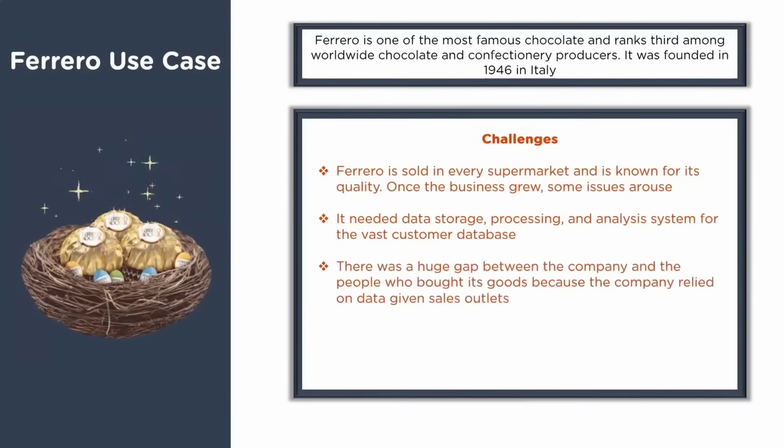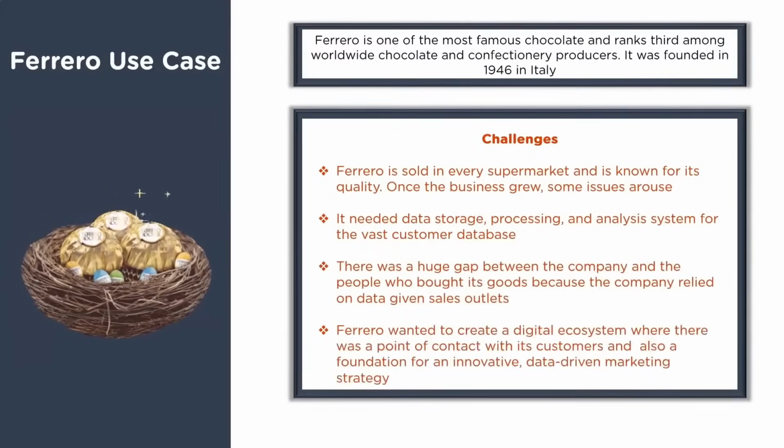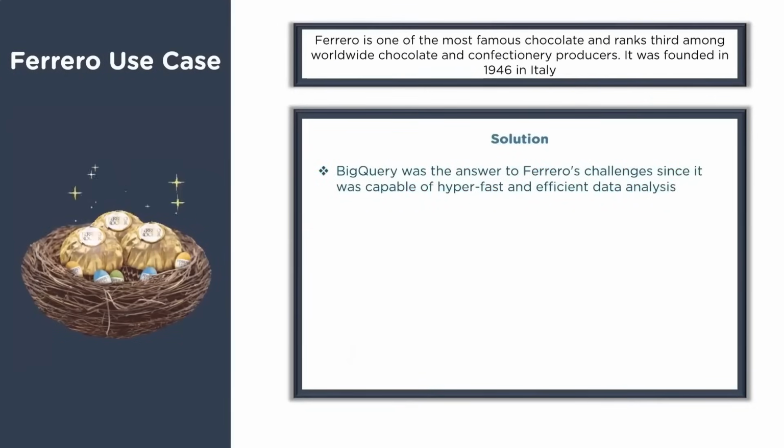There was a huge gap between the company and the people who bought its goods because the company relied on data given by sales outlets. That's one of the challenges. Ferrero wanted to create a digital ecosystem where there was a point of contact with its customers and also a foundation for an innovative data-driven marketing strategy. What was the solution here?